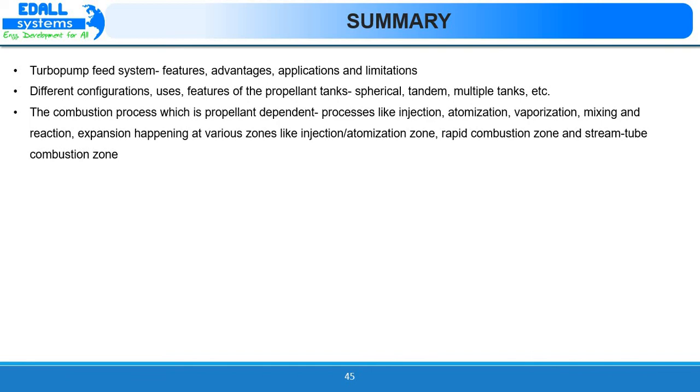Then we have discussed the combustion process in very detail, which is propellant dependent. So we have seen processes like injection, atomization, vaporization, mixing and reaction, then lastly expansion happening at various zones like injection atomization zone, rapid combustion zone and steady tube combustion zone. So we have seen the step-by-step process of how this combustion happens in a liquid propellant rocket engine.